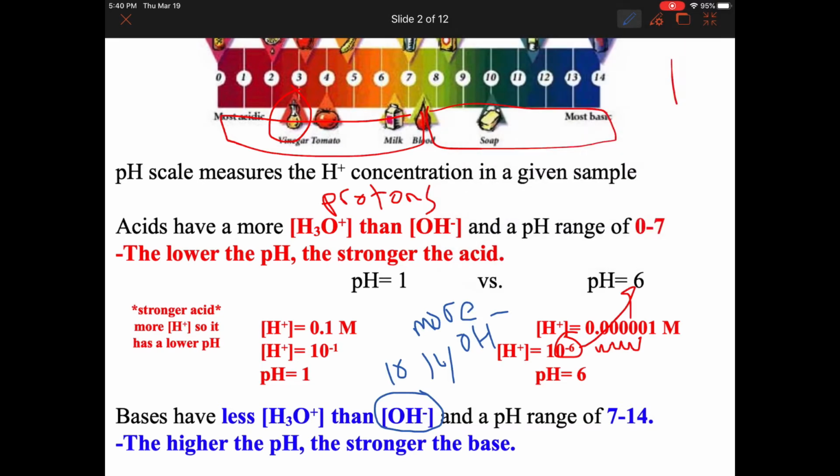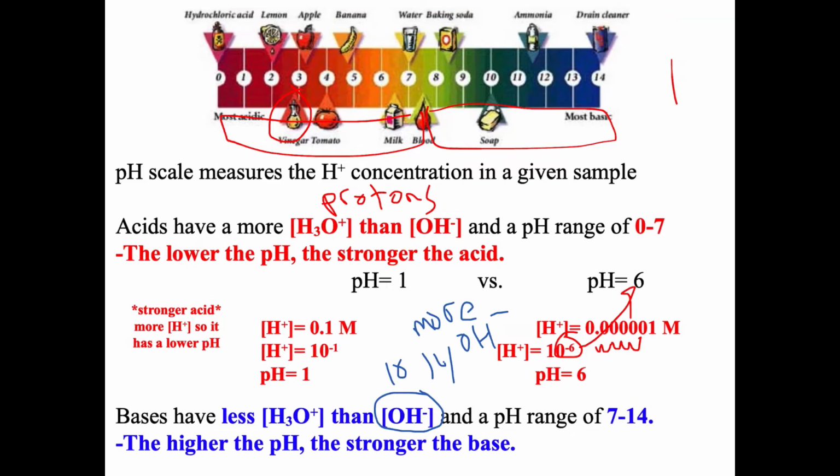Because it's a stronger base. There's more OH minus, there's less H3O plus. So when we talk about H3O plus and OH minus and pH, all we're talking about is the amount of each thing in the solution. So drain cleaner all the way at 14 has a lot more OH minus than H3O plus. Hydrochloric acid has a lot more H3O plus, H plus, or protons than OH minus.